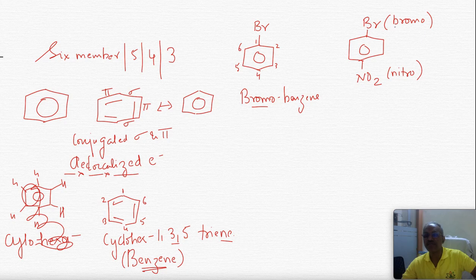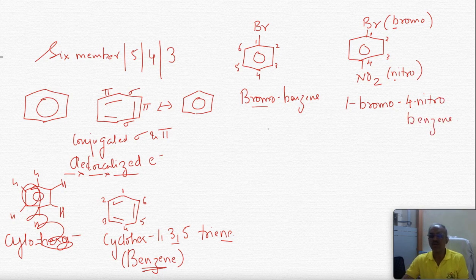Alphabetically B comes first and then N, because both are substituents, so this has to be 1, 2, 3, 4. So it will be 1-bromo-4-nitrobenzene. 1-bromo-4-nitrobenzene.